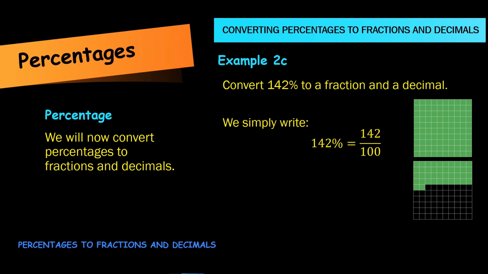So, since 142% denotes 142 parts out of 100, we simply write this as 142 out of 100. And as a decimal, this is 1.42, as before, from our previous knowledge of converting fractions to decimals.